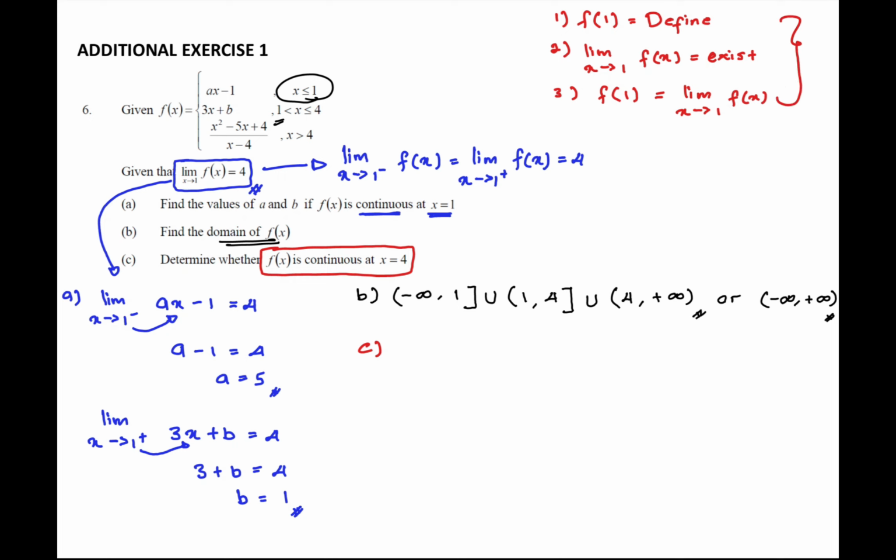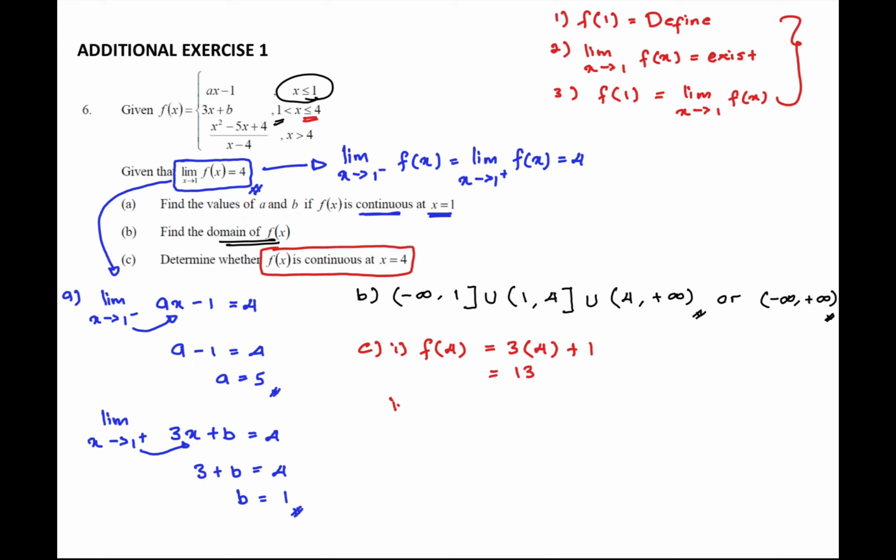So first, you need to find what is f(4). In order to find f(4), we must see the function that has the equal sign on the 4 here, which is 3x plus b, with x equal to 4 and b equal to 1. So you can get 13.